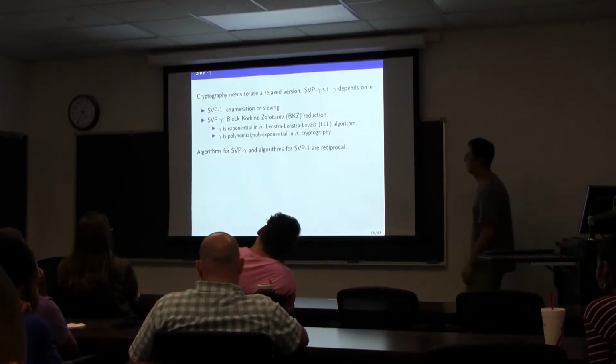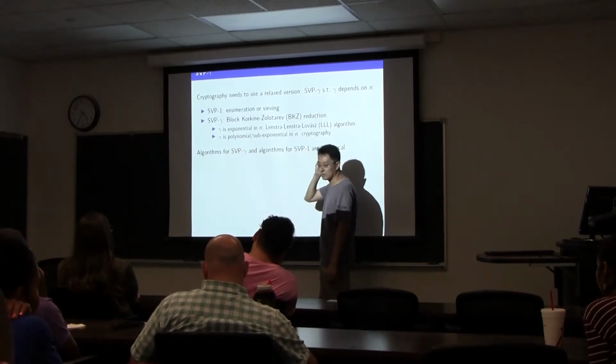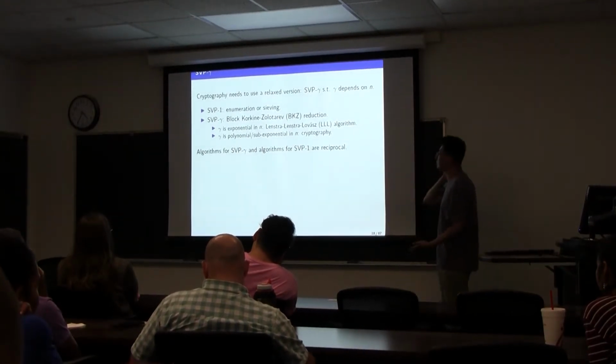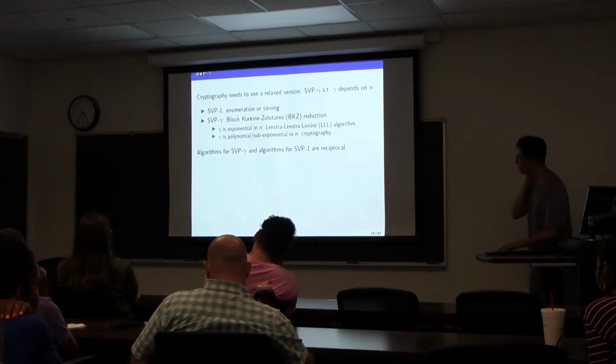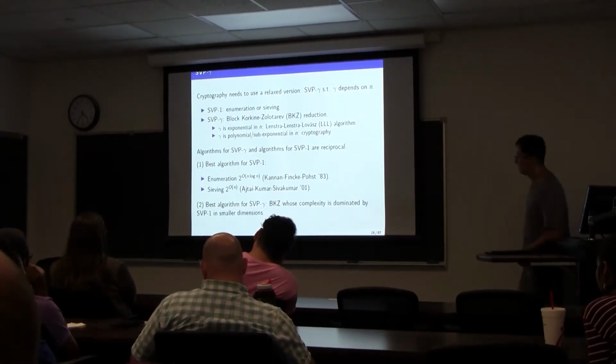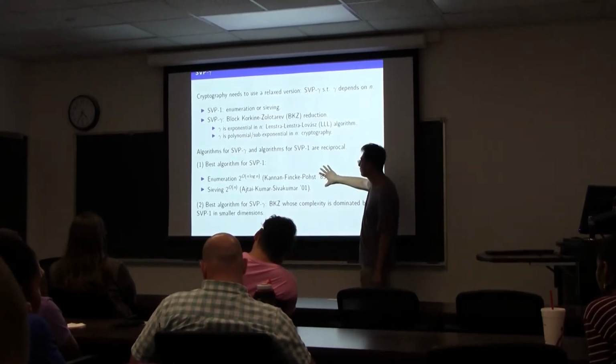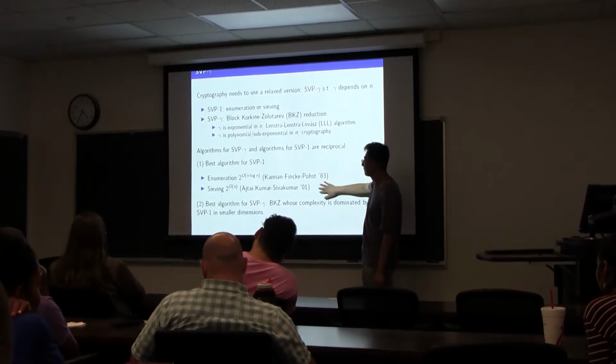In particular, when gamma is polynomial, there's no polynomial time algorithm to solve this problem, similar to the SVP1 case. As I mentioned, for the best algorithms solving the exact version, the SVP problem, there are two classes of algorithms.